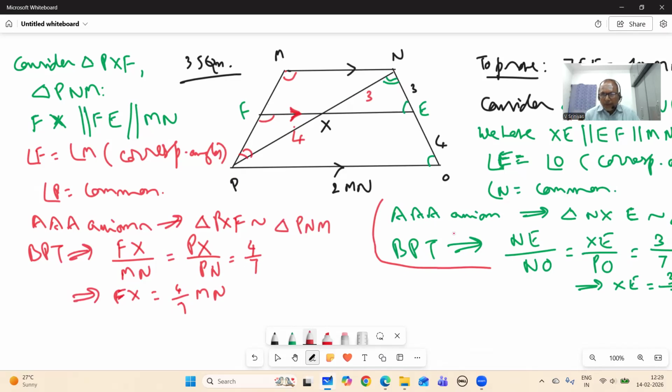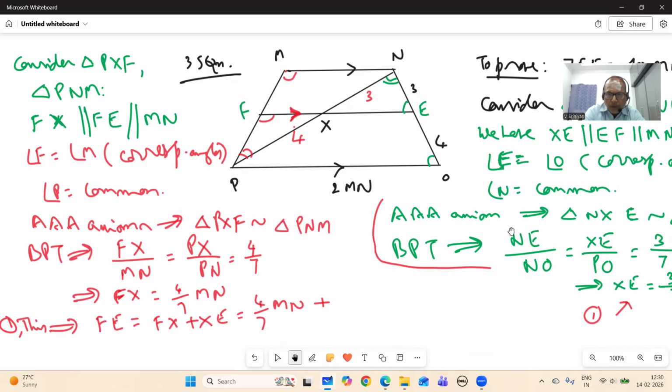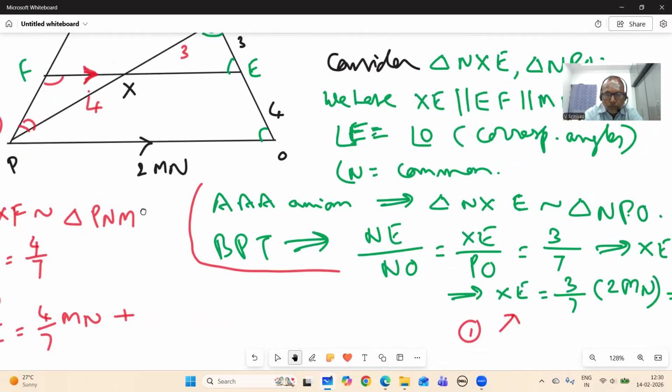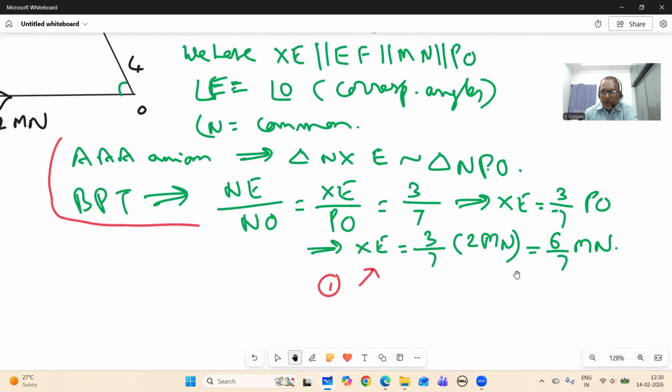And here we obtained XE also in terms of MN. So let us add these two. Calling these relations 1 and 2, they imply that FE is equal to FX plus XE. FX is 4 by 7 MN, and XE is 6 by 7 MN.